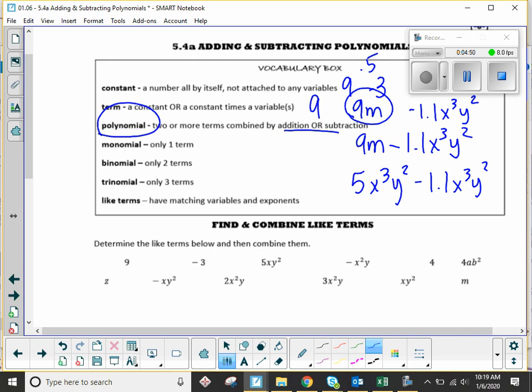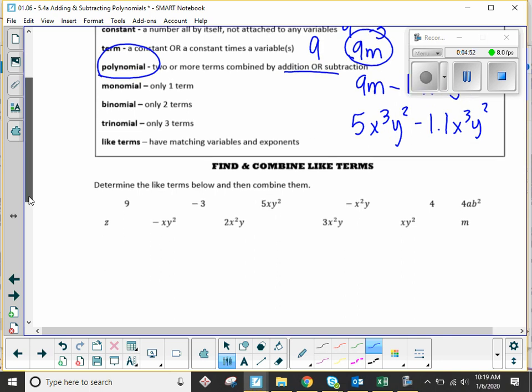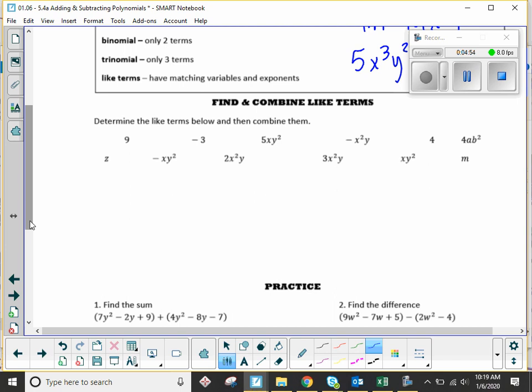So down here we have all this stuff, and we're going to find the ones that match, and we're going to combine them with addition. Give me one thing out of there, and then we'll see what matches it. Z? Okay. Does anything match with the Z? They don't match, but here's what we can do right now.